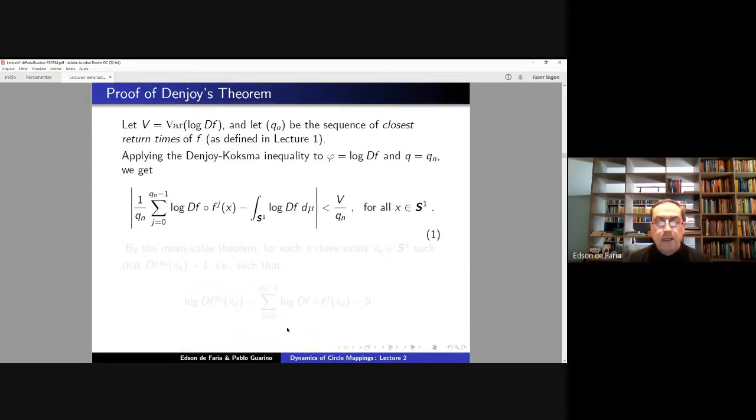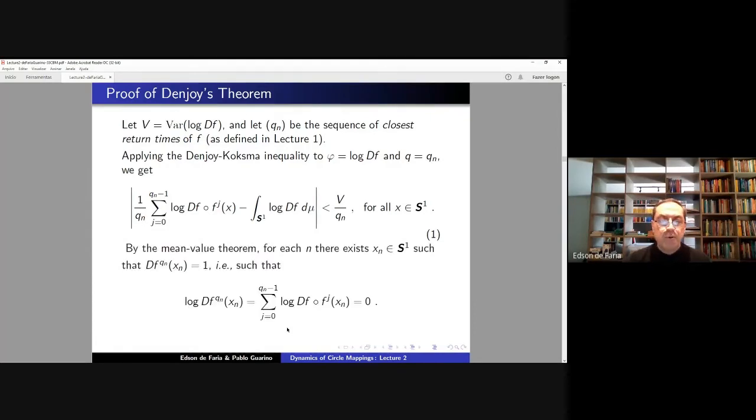Now, let's apply this inequality to a special point. You can take a point for each n. So you're looking at this time average up to time q_n. For each n, you can find a point where the derivative of the iterate f^{q_n} at that point is equal to 1. This is just by the mean value theorem. I mean, f^{q_n} is a diffeomorphism of the circle, so its derivative cannot be greater than 1 at all points, and it cannot be less than 1 at all points.